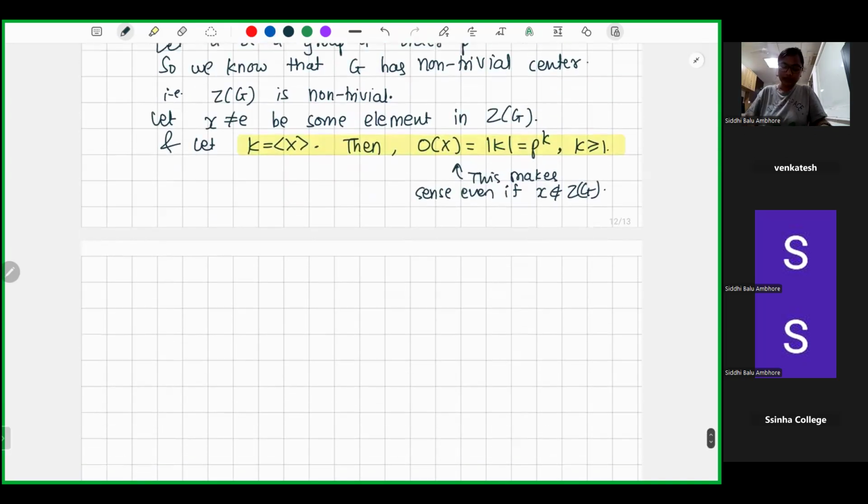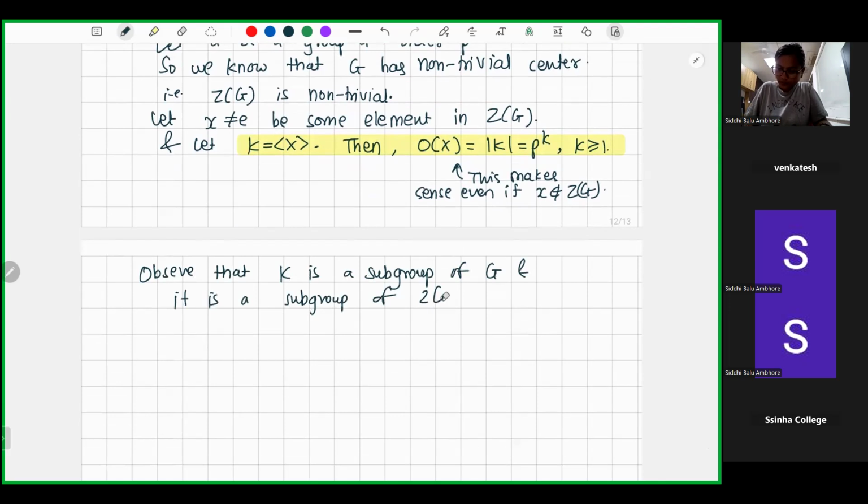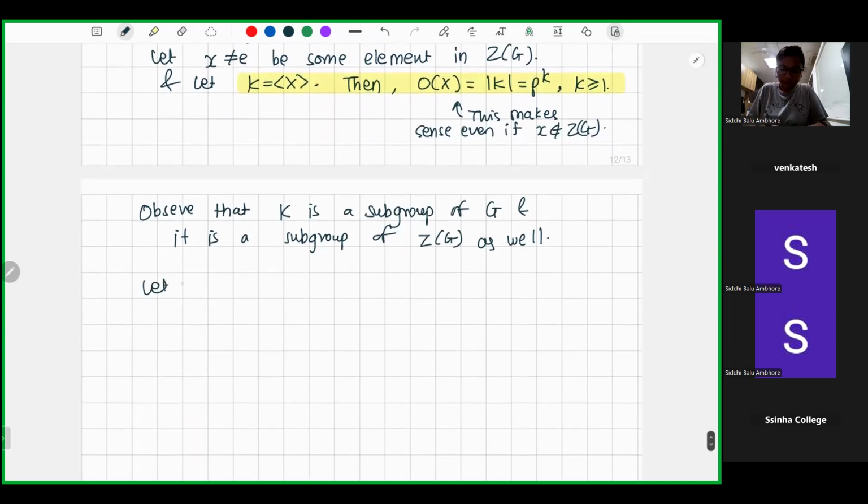So observe that now, this K is a subgroup of G, and in fact it is a subgroup of Z(G) as well, because we are choosing x from Z(G). And so let r be less than or equal to m+1.